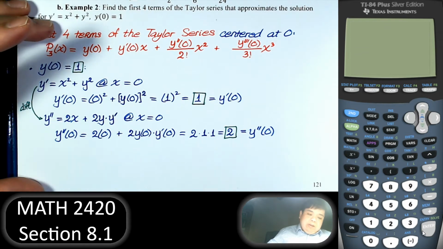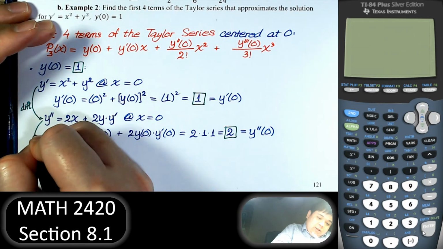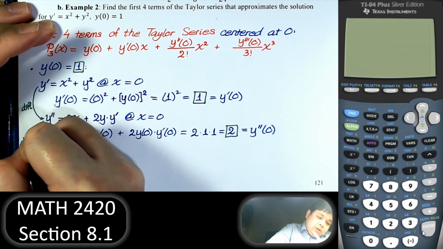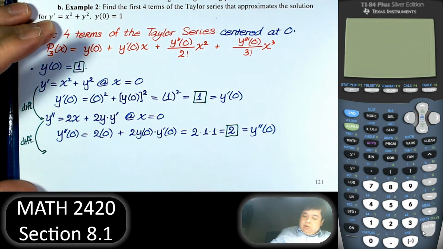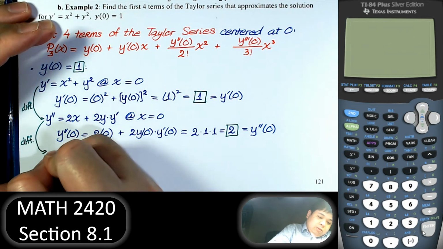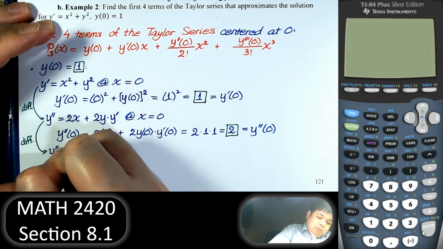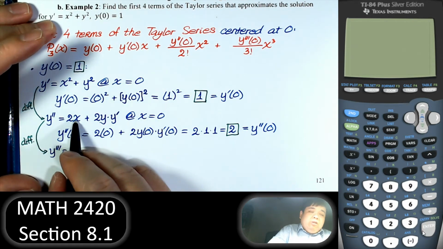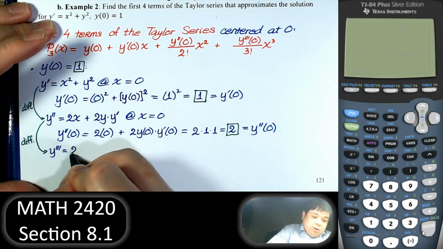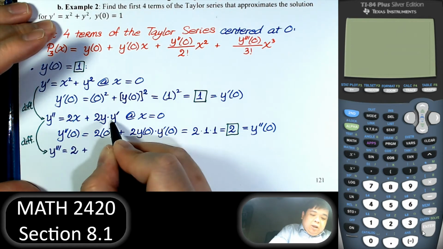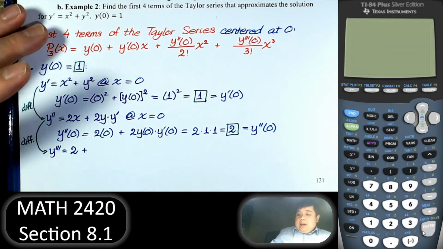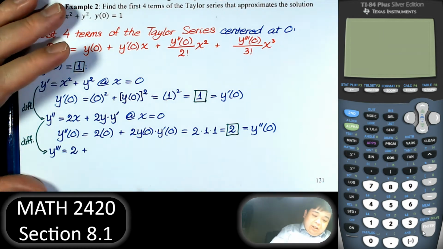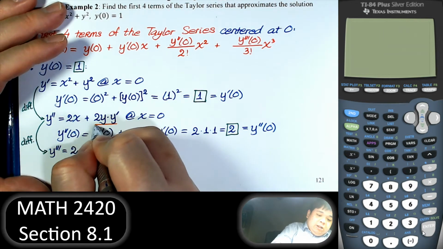We'll take the derivative again. That gives us the third derivative. Derivative of 2x is 2. Now, derivative of this is a product rule, so we have to be a little more careful there.